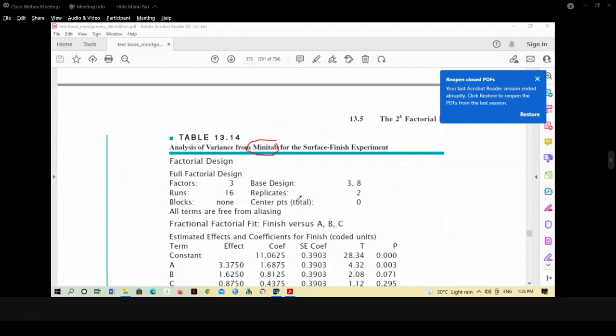That's why all these results are from Minitab. Since you live in Bangladesh, I don't know how you get Minitab, but if you get it online, you only get a 30-day trial.